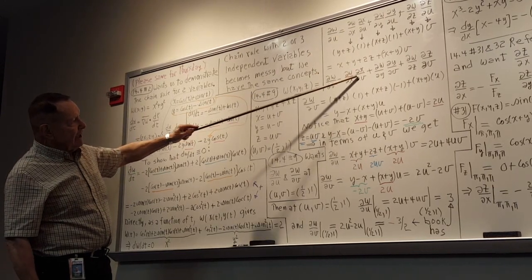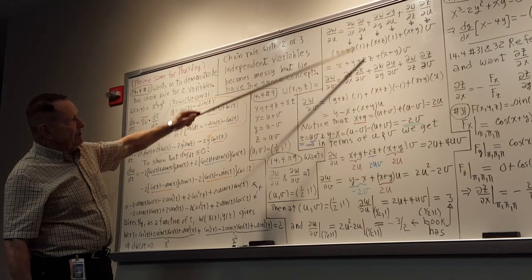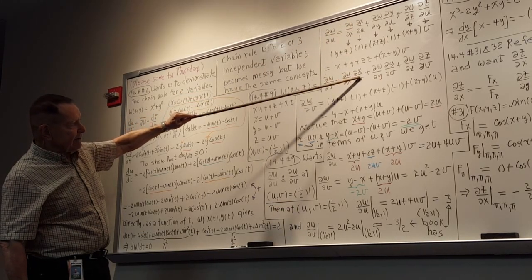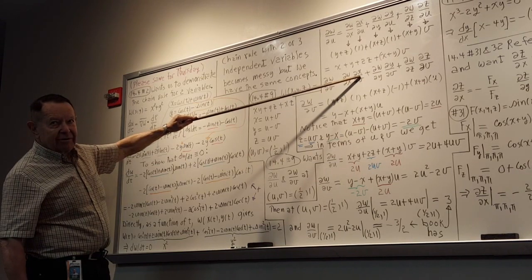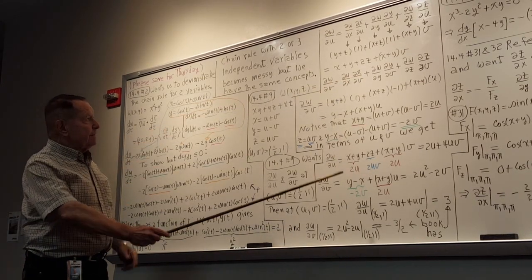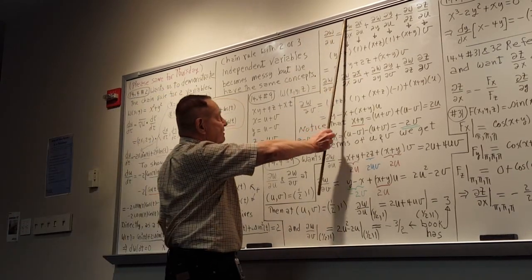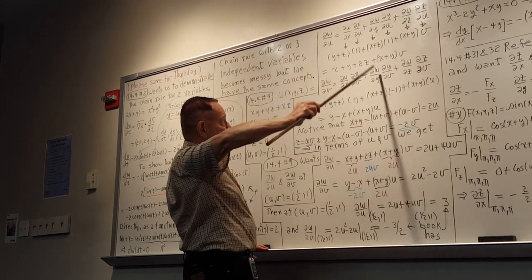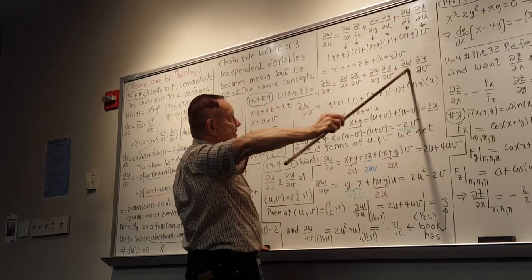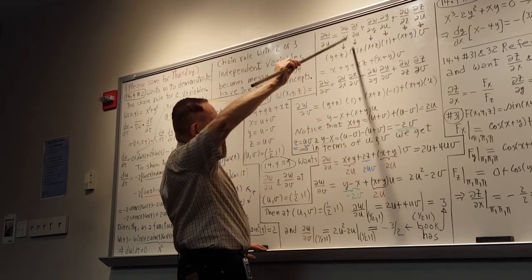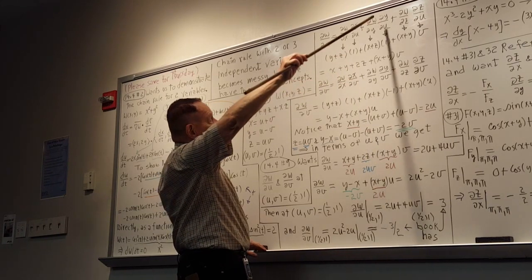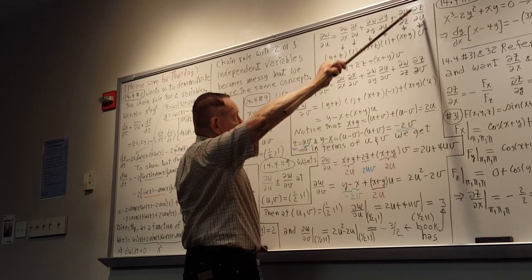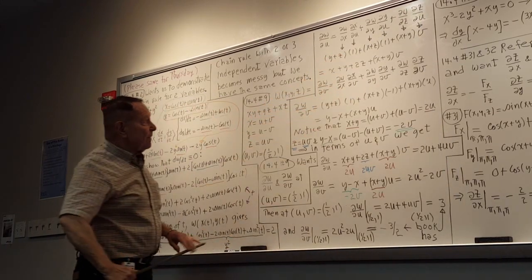But now you have partial of X with V instead of partial of X with U. So this and that are not generally going to be the same. The partial with X of the W, this would match that one, this would match that, this would match that, but this one doesn't generally match that one. This generally doesn't match that one. This generally doesn't match that one.